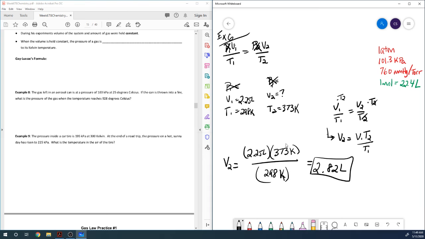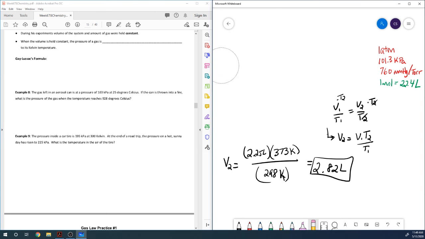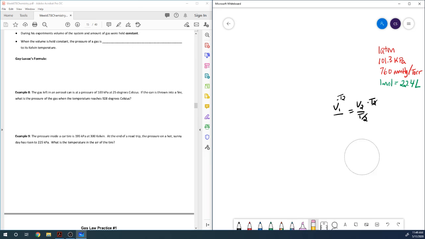Let's do example 9. Okay, I should stop erasing these so I don't have to write it every time.